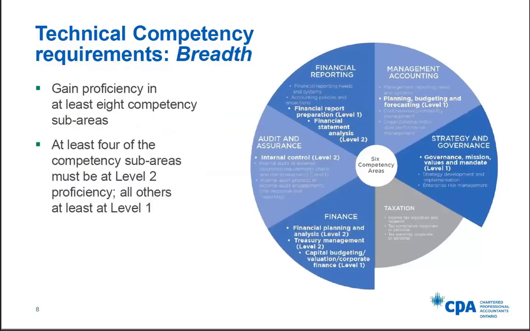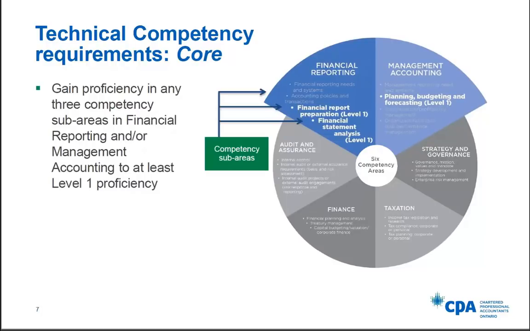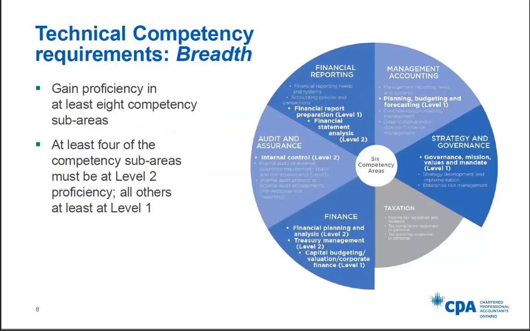If your depth is in finance, for example, you would need to achieve 3 level 1s in any of the 8 financial reporting or management accounting competency areas, for example, FR1, FR2, and MA2. This would meet the core requirement. Finally, breadth. To achieve breadth, you need to ensure that you have gained proficiency in at least 8 subcompetencies.